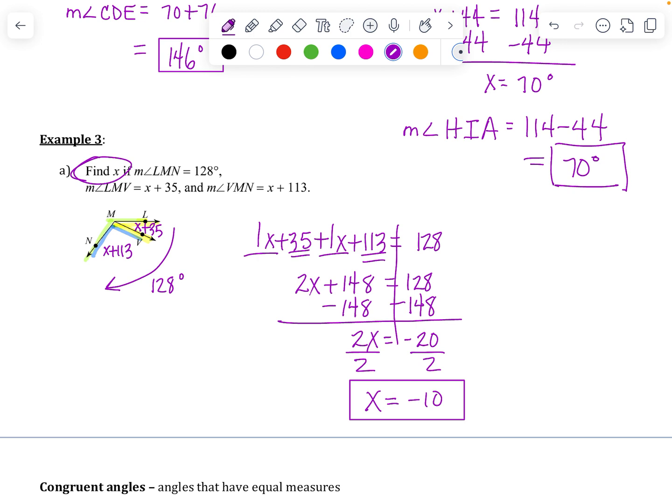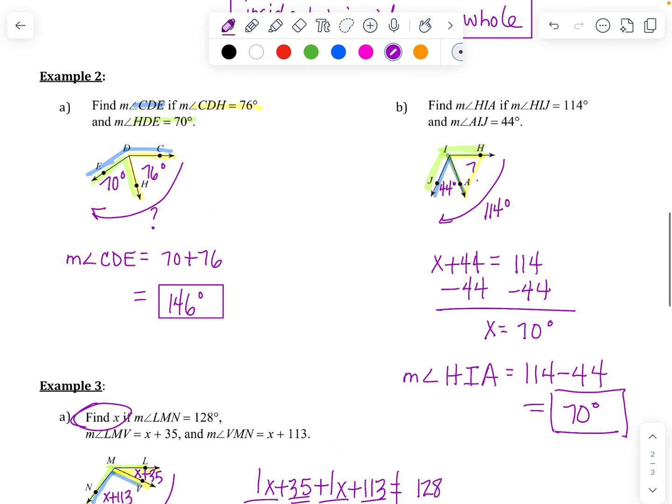All right, so that's the angle addition postulate, very similar to the segment addition postulate, where the two smaller inside angles add up to the bigger outside angle. For whatever reason, students sometimes struggle to know where to label the angle, so maybe use a color tracing method to do that.